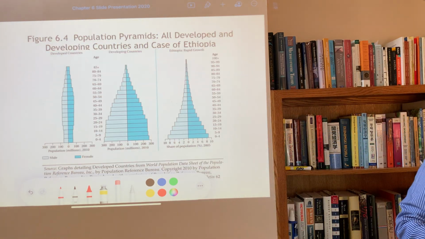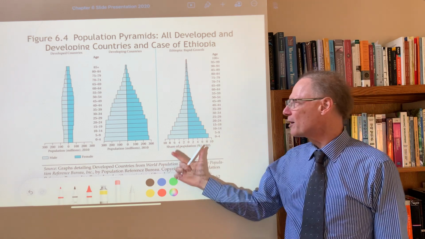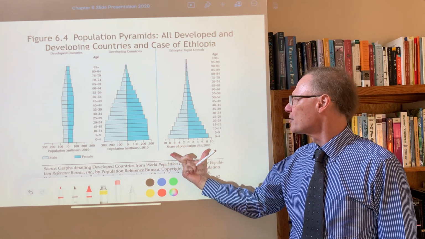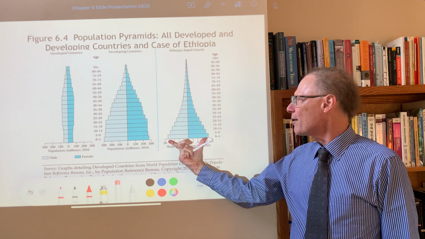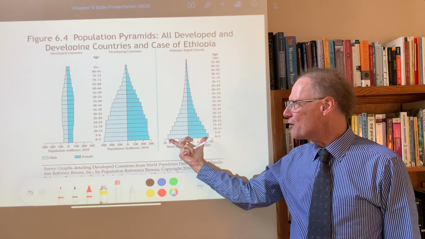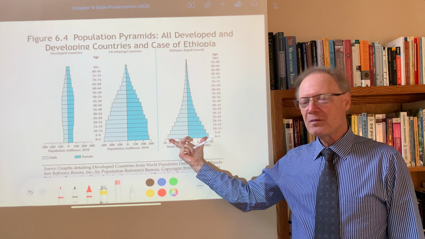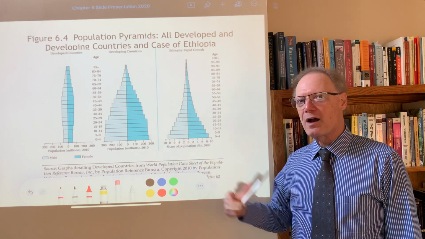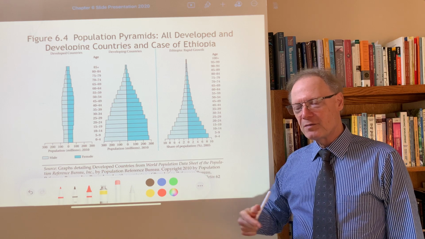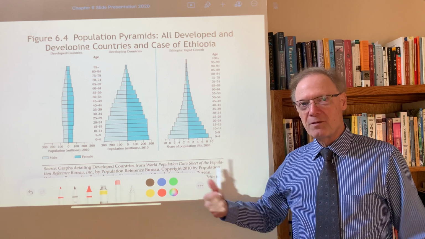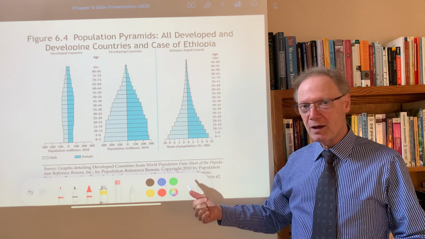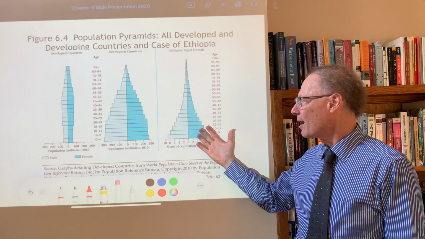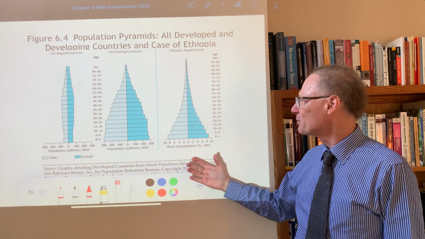Another thing that I would just like to mention briefly: if the country of Ethiopia, in this case, were to have an end to long-term population growth, in the sense that there's now replacement fertility, ultimately just enough people being born to replace those who died, population growth would continue for a rather long period of time.